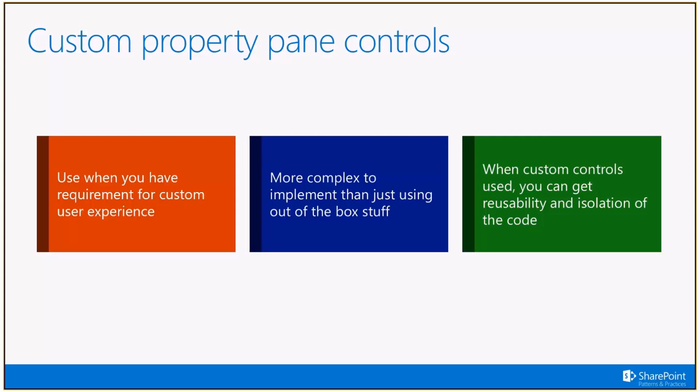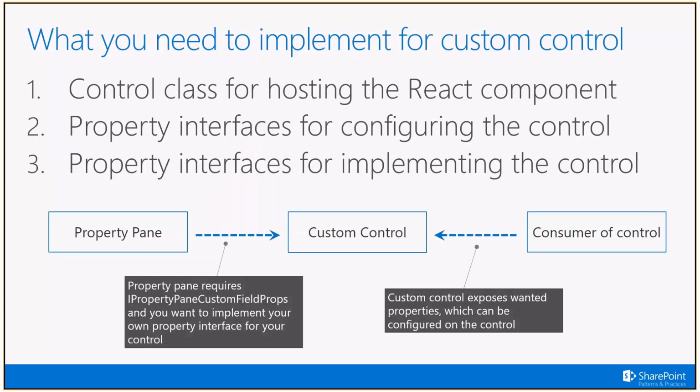So how do we actually implement the custom controls? There are a few things to consider. In the property pane case, I'll start from the left in the picture, and then we'll come back to the bullet points on the slide. The property pane has a certain set of properties which we need to implement in our custom control.